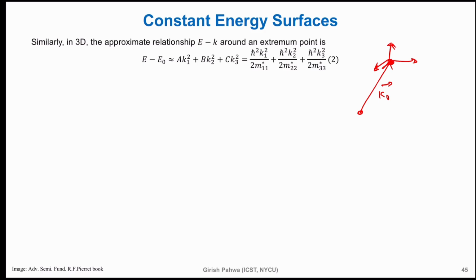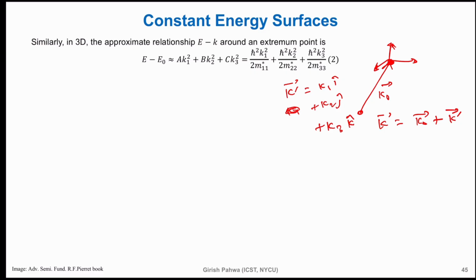Okay, actual K is not K1, K2, K3. Actual K will be some vector K naught plus vector, let me call this K dash. So K dash is composed of this K1 I cap, K2 J cap, K3 K cap.